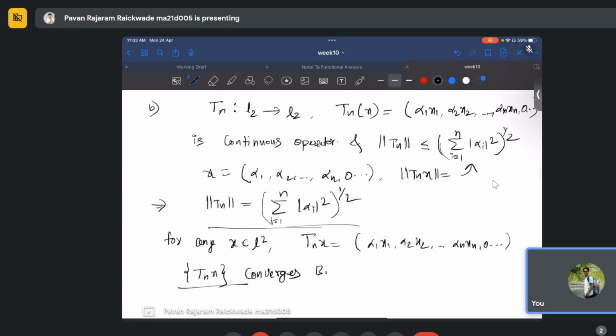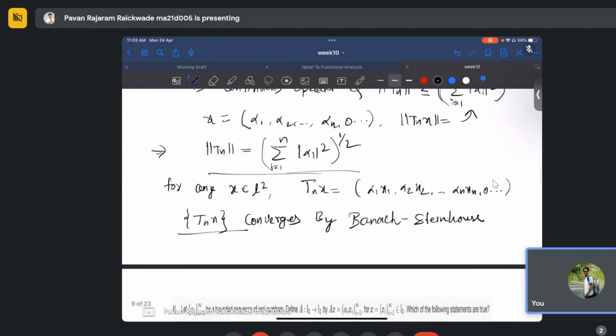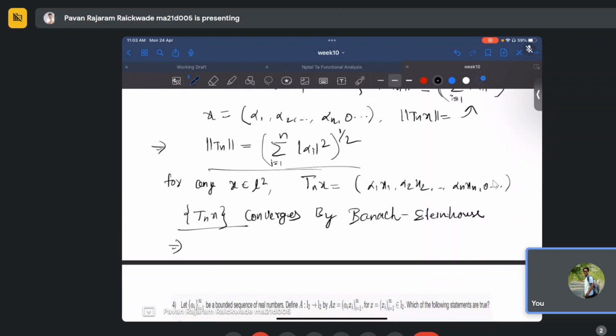So by Banach-Steinhaus, what I know is this sequence of operators is uniformly bounded. That means there exists a positive M such that the norm of Tn is less than or equal to M for all n belonging to the natural numbers.